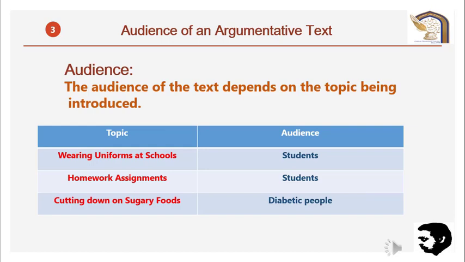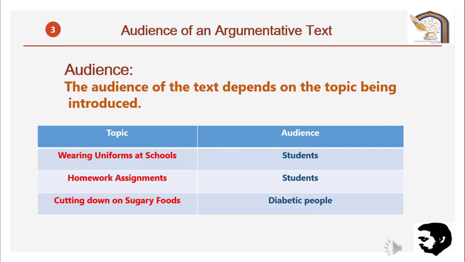Here is another common question in the exam: the audience of a text. By the word audience, I mean those who would be interested to read about the topic, or those who are targeted by the writer to adopt a certain idea.